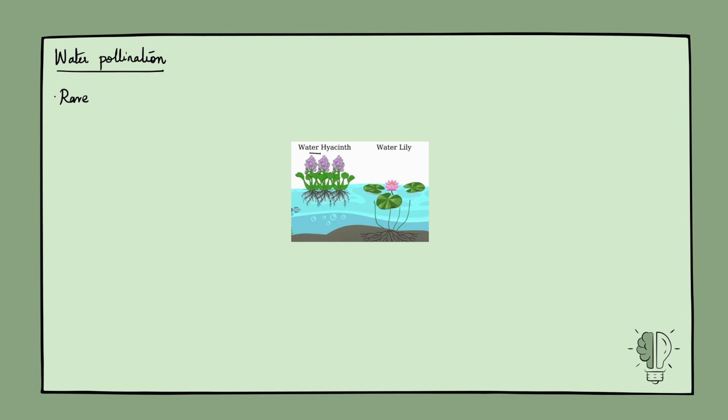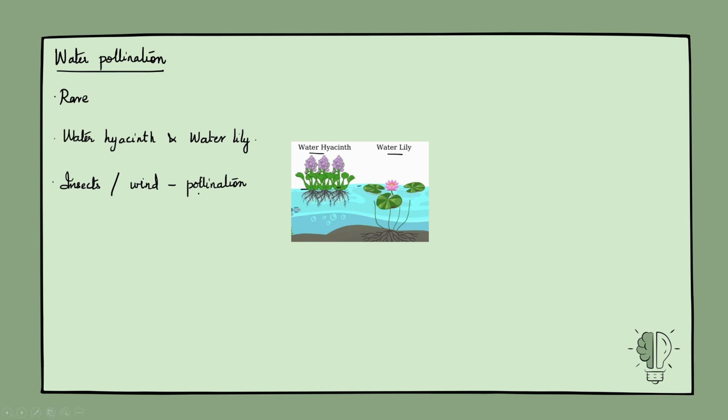Like in the case of water hyacinth and water lily, though they are aquatic plants, they depend on insects or wind for pollination. Now, if you look at the picture, you'll see that their flowers emerge above the water level and they depend on insects or wind for pollination.